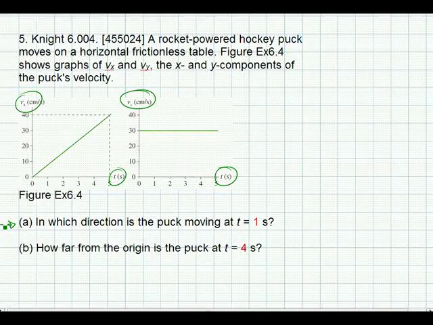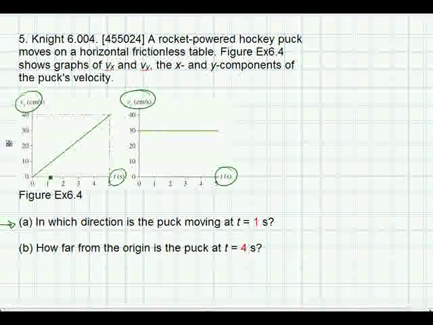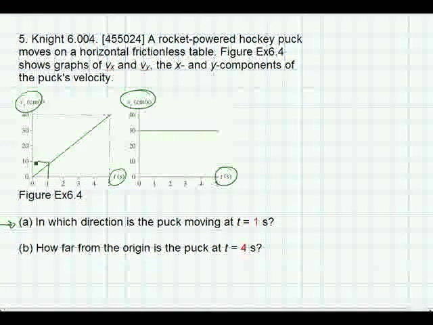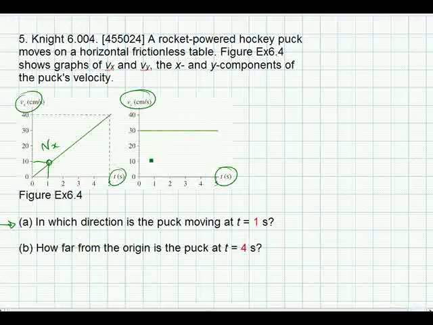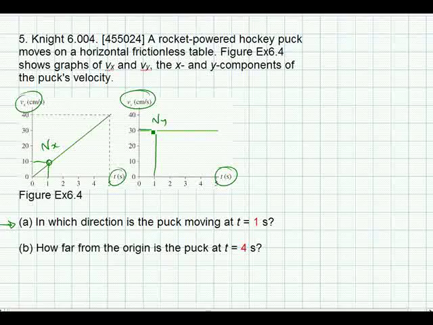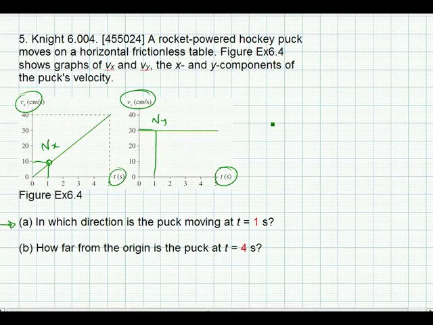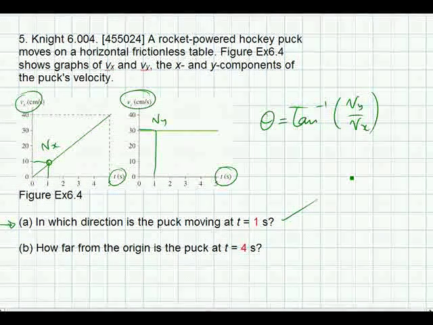That's question A. If you notice that at 1 second, you can read off what the puck's velocity is in the x direction and what the puck's velocity is in the y direction. And as I said, the direction that the puck moves, theta, is inverse tan of Vy over Vx. So a simple matter to find the answer to the first question.